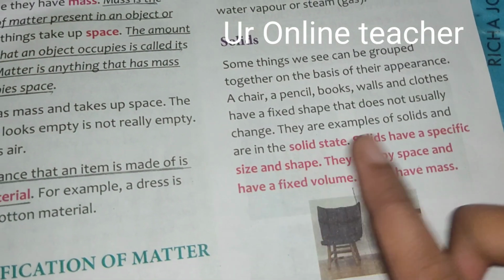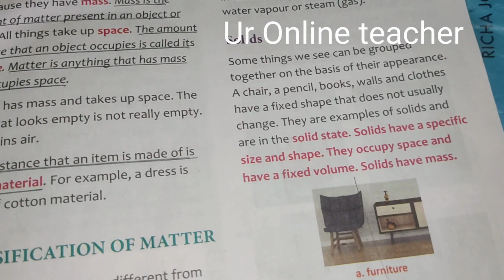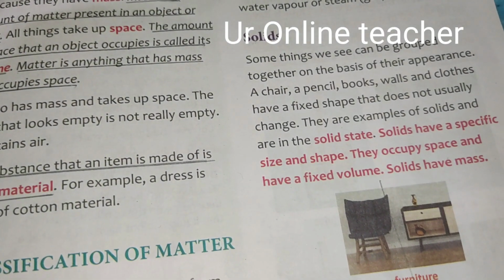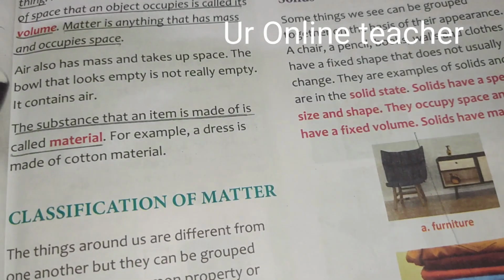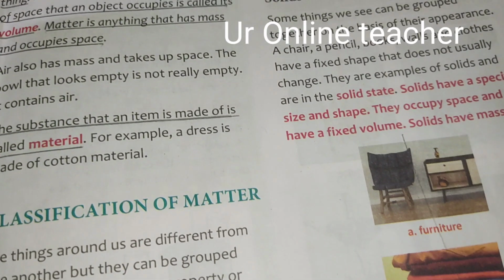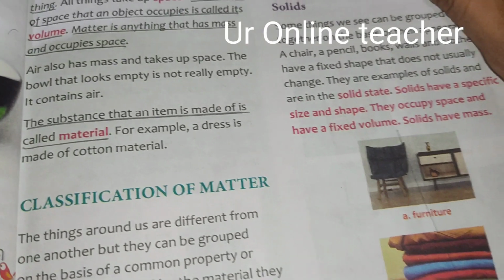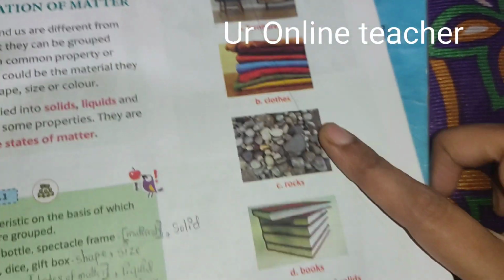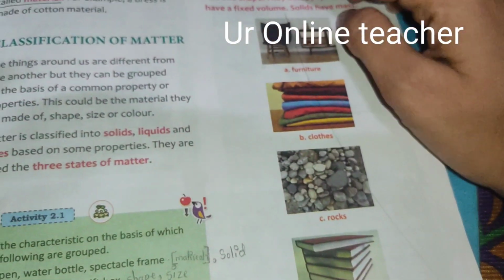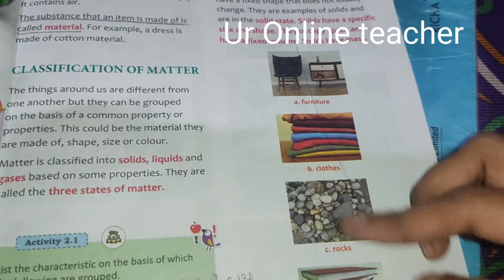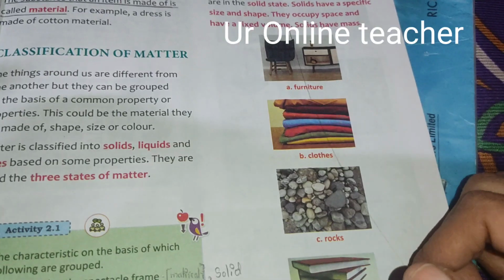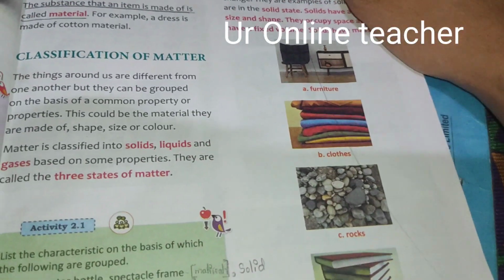So solids have a specific size and shape, they occupy space and have fixed volume. Even solids have mass. We already told the examples like furniture, clothes, rocks, books. All these have definite shape. They occupy space. They have fixed volume. They have mass. Right.